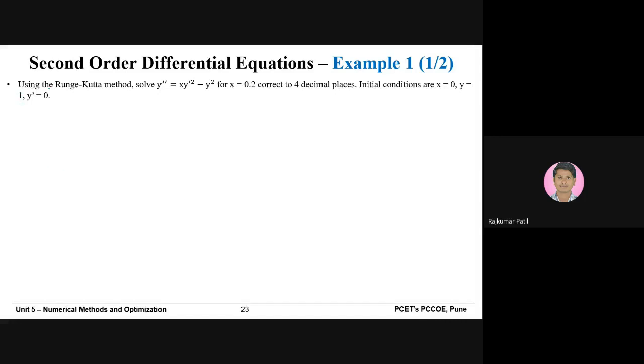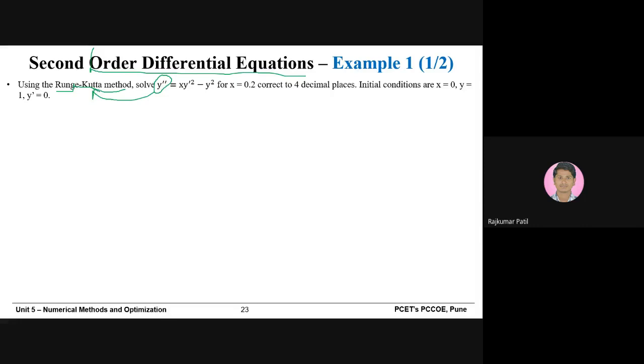So the problem is: using Runge-Kutta method. Here it is mentioned to use Runge-Kutta method, but whenever a question is related to ordinary differential equations and simultaneous equations or a second order differential equation, then use only Runge-Kutta second order method.